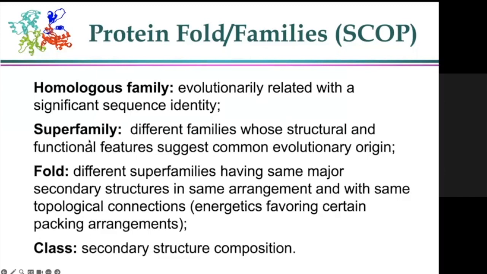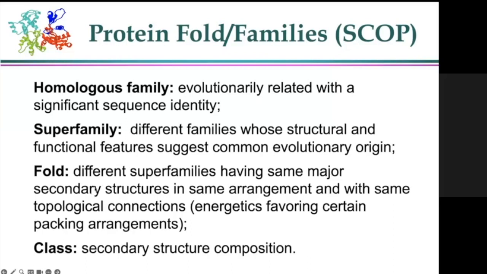That is, you may not be able to see the sequence relationship clearly, but they could be so-called remote homologs. By using more advanced tools, you may be able to discover some of the sequence relationships. So in this case, all the proteins in a superfamily share a common evolutionary origin.